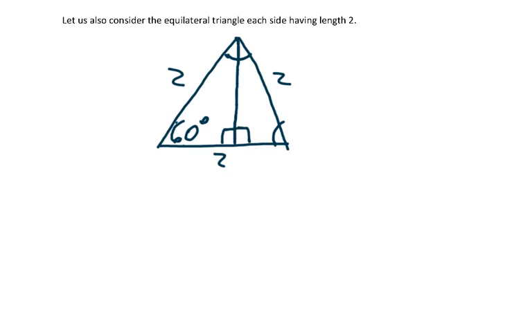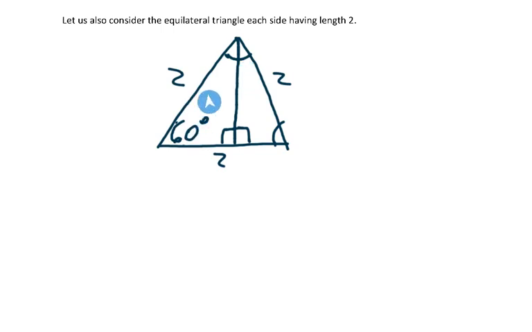Hopefully it's easy to see that this triangle and this triangle are going to be congruent to each other. In fact, since this angle is 60 degrees and this angle is 90 degrees, that forces this angle to be 30 degrees. And same thing over here.